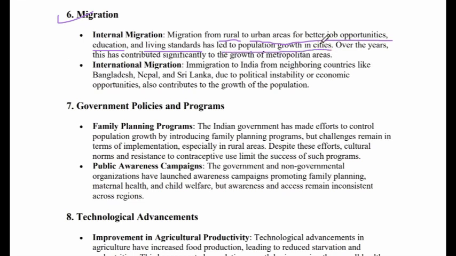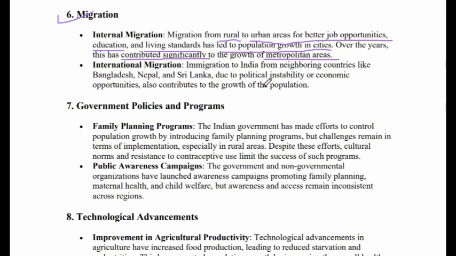That is, the population of cities will increase. And this has contributed significantly to the growth of metropolitan areas where the population is above certain lakhs of people in a certain area.